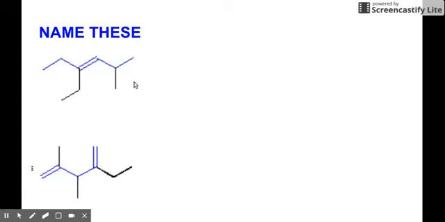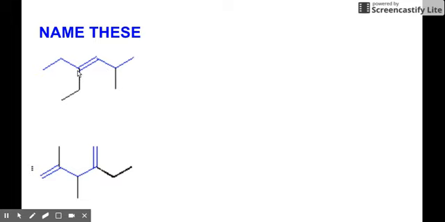When we number, our very first concern is the location of our double bond. If we start from the left, 1, 2, 3, 4, our double bond will be in between carbons 3 and 4. If we start from the right, it's also 1, 2, 3, and 4.